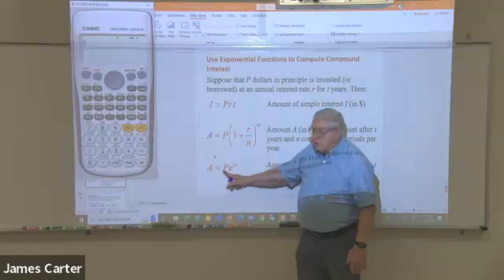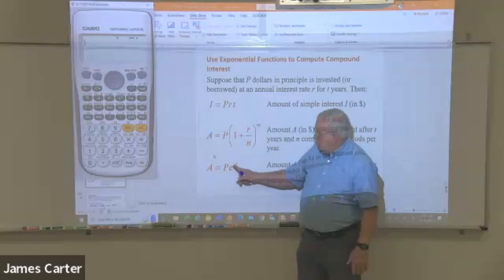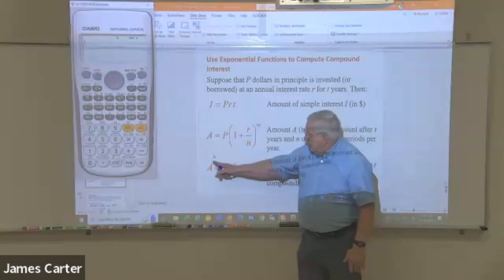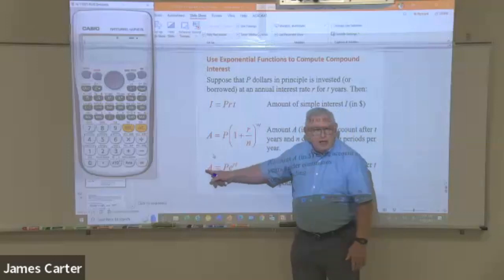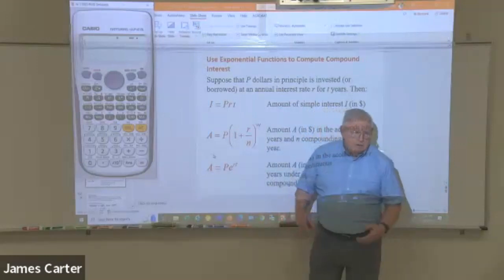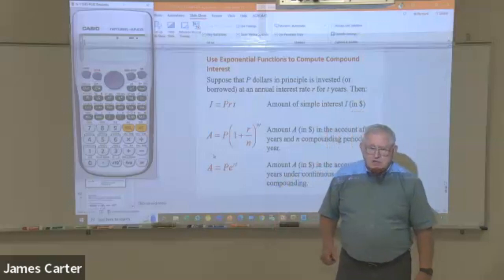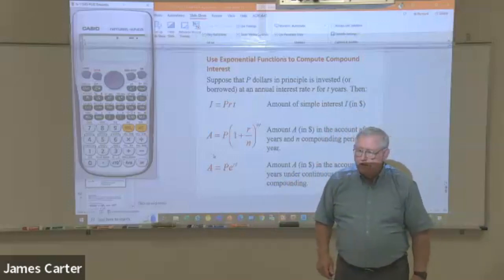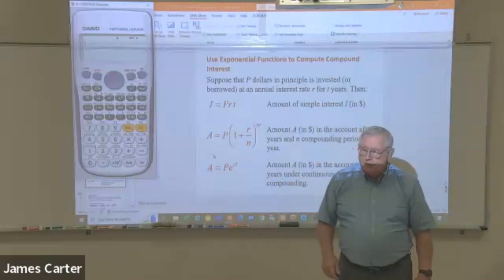So we take the amount you borrowed times E to whatever the interest rate is, times however many years you want to borrow it. That'll tell you the total amount you have to pay back. Or if it's a savings account, how much you'll have in your savings account after so many years.